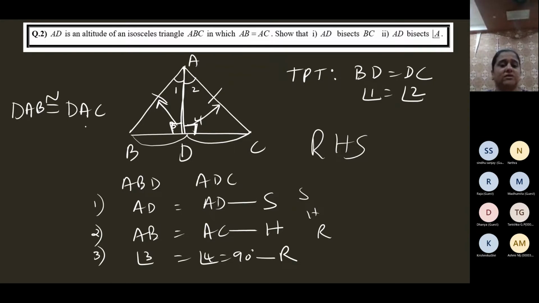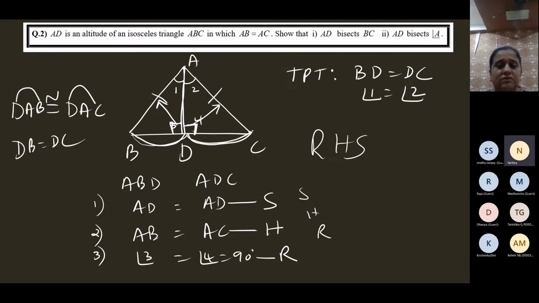So from this, can you see that DB is equal to DC? Yes, ma'am. So DB is equal to DC, meaning? See here, DB is equal to DC. That means AD bisects BC.